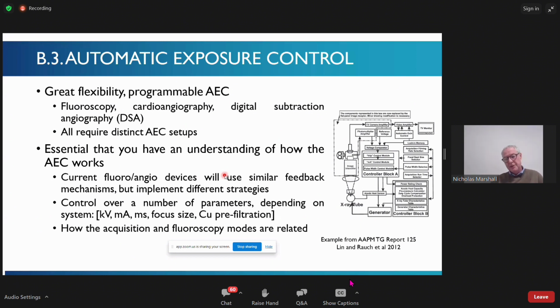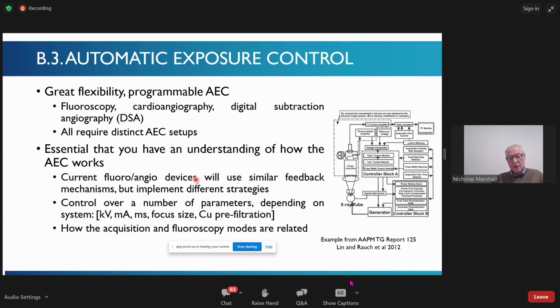And it's really important to have some idea of how the AEC works on your system. It will be different a bit between different manufacturers and between different types of system. It could be simpler on certain fixed, small mobile C-arms, for example. It will be a bit more simple than large interventional suites.